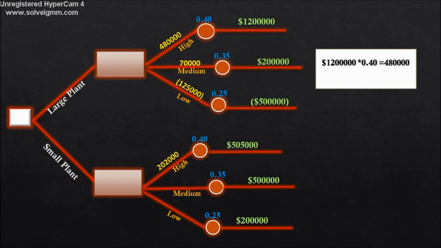After you have the result with all the options, you have to compare to make the decision. If you choose a small plant and the high level of demand, you're going to have a profit of $202,000.